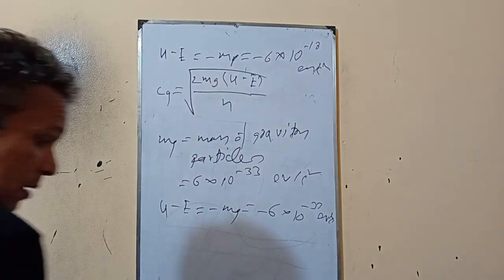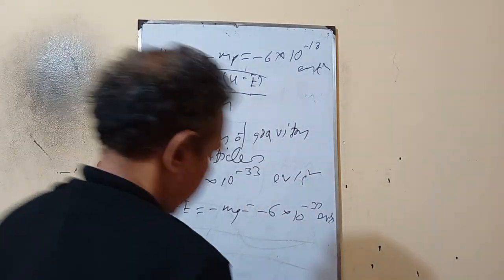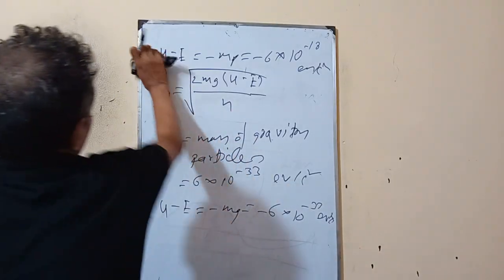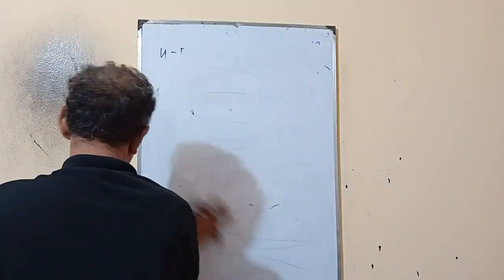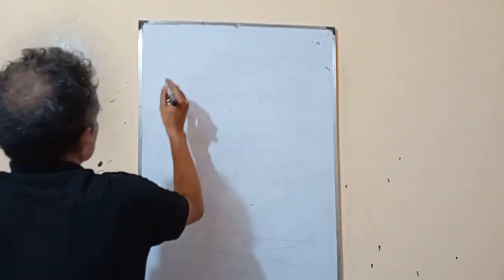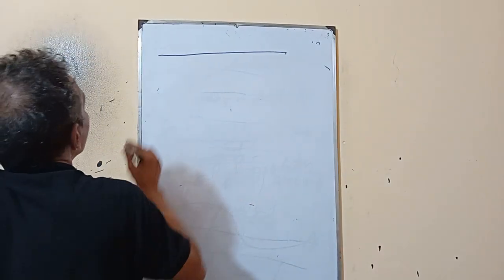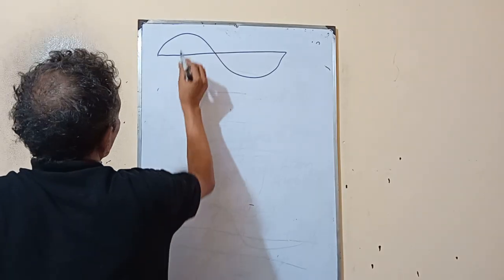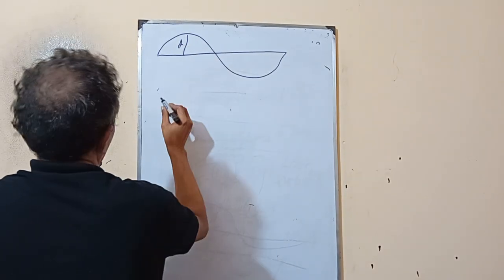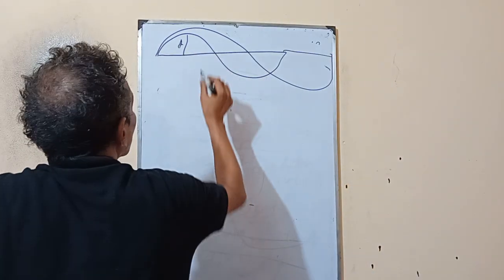Okay. Now we have to discuss what there is the interaction. What is the interaction? Photon particles and graviton particles interaction. Suppose this is the photon particles system, A, and this is the graviton particle system.